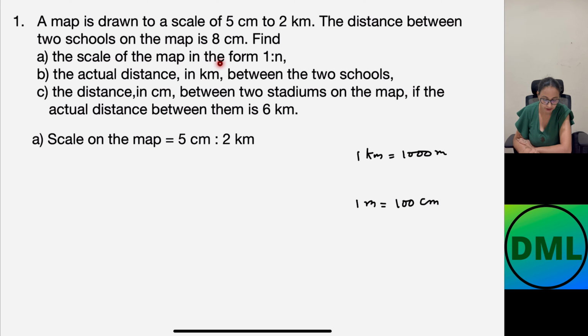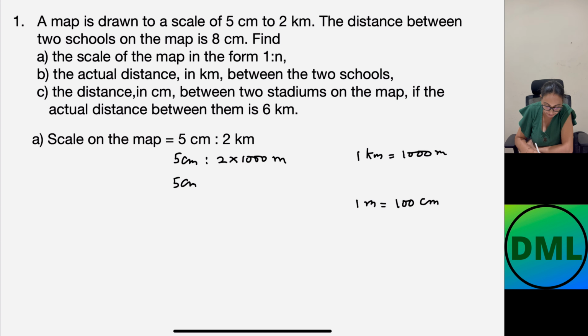The scale of the map in the form of 1:n. I need to write down this ratio. You need to remember one more thing here. This ratio is always in centimeters. First, we will convert these kilometers into meters. We know that 1 kilometer is equal to 1000 meters. I am going from a bigger unit to a smaller unit, so I need to multiply that by 1000. 5 centimeters is to 2 multiplied by 1000 meters.